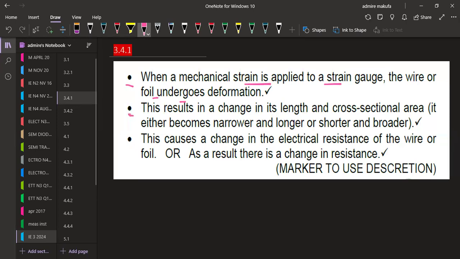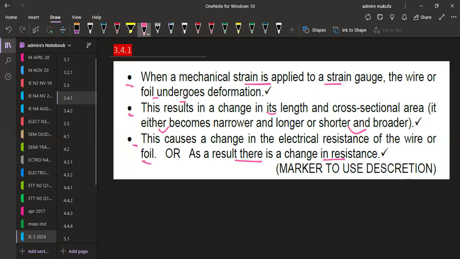This results in the change in its length and cross-section area. It either becomes narrower and longer, or shorter and broader. This causes a change in electrical resistance of the wire or the foil. As a result, there is a change in resistance.